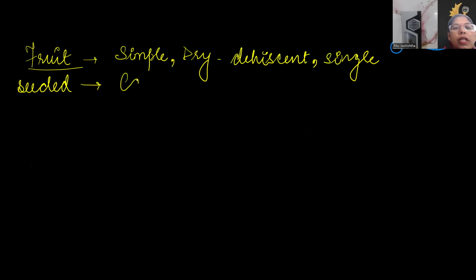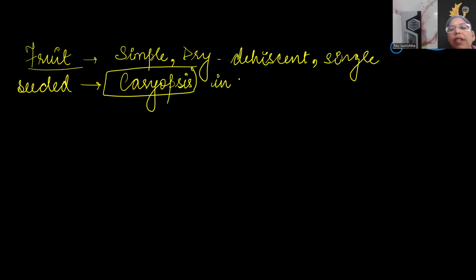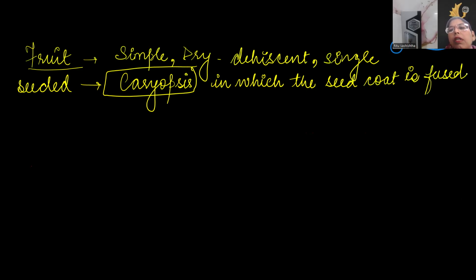So the name given to the fruit of this family is caryopsis, in which the seed coat is fused with the pericarp. Pericarp is the fruit wall, which consists of three layers: epicarp, mesocarp, and endocarp.